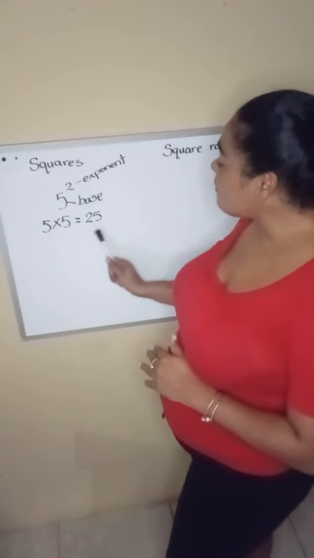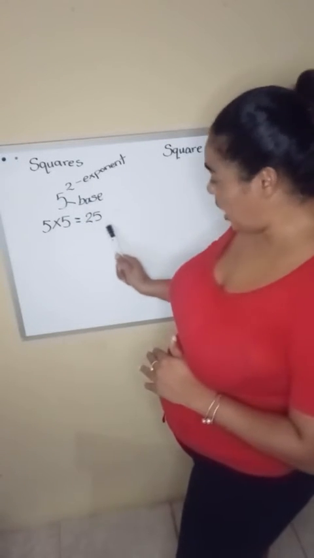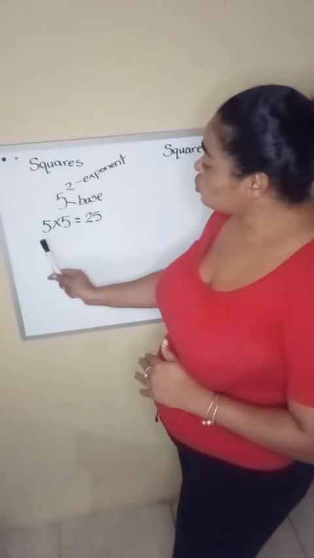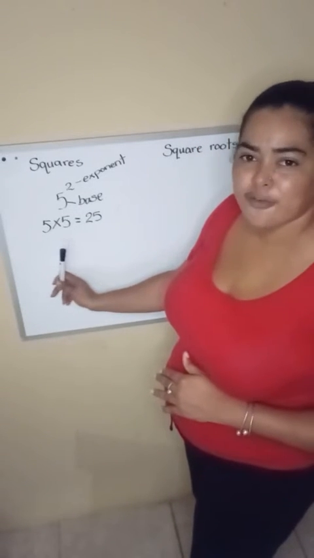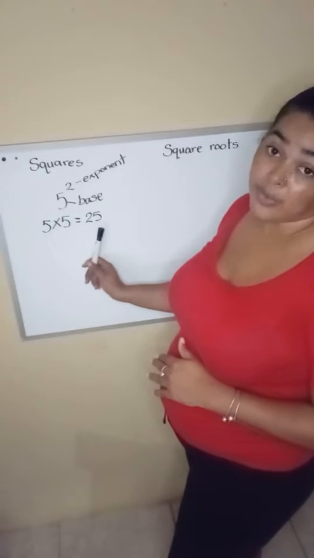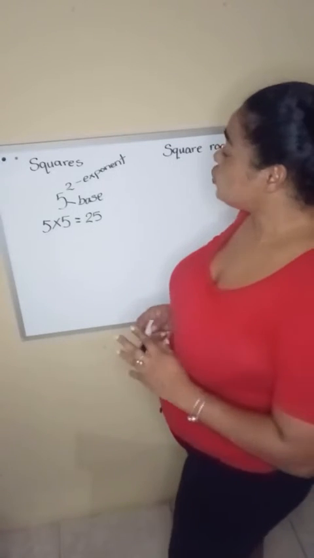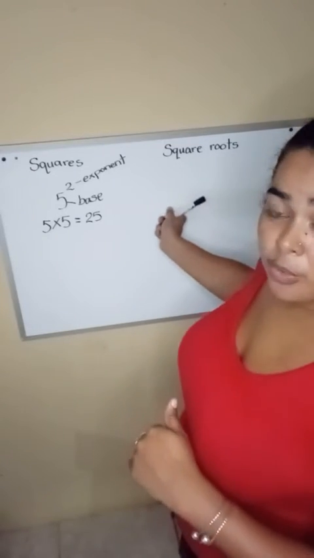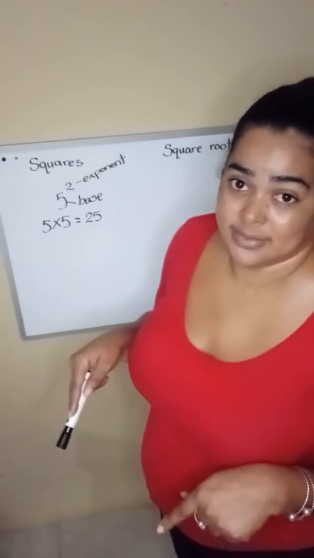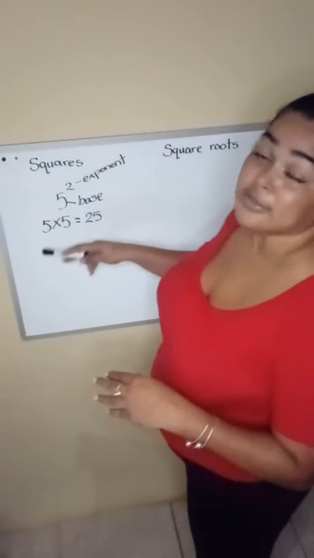So 25 is a perfect square because 2 numbers can be multiplied by each other for you to get this number.